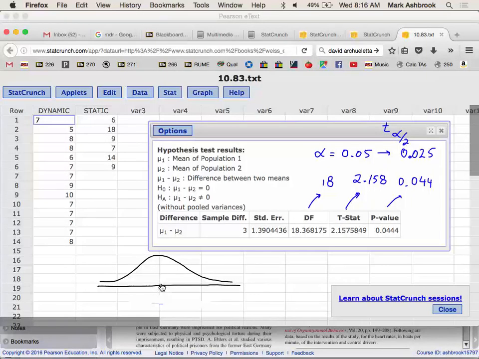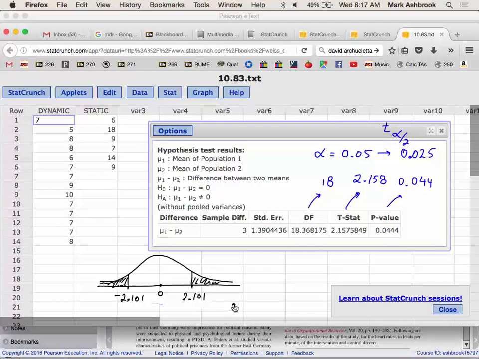Okay, so here's 0. 18 degrees of freedom for your T of 0.025: 2.101. But that's going to be plus or minus, so our critical values are 2.101 and negative 2.101. Then where's our rejection region? Our rejection region is out here to the right, and out here to the left is all rejection.